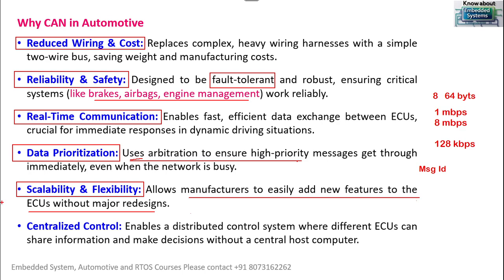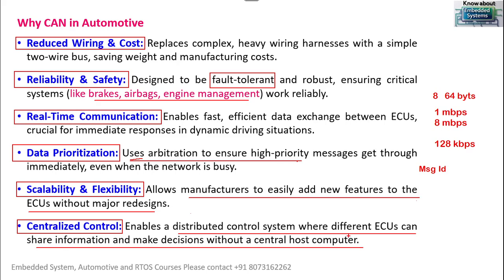And the next advantage is the decentralized control system. That means CAN will not use any centralized system, but each device, each ECU, is capable of taking a decision. So it is going to enable the distributed control system where each ECU can share the information and make the decision without any centralized host computer.